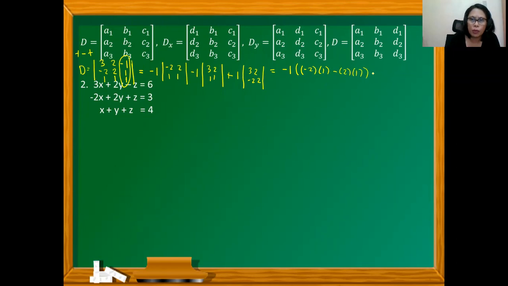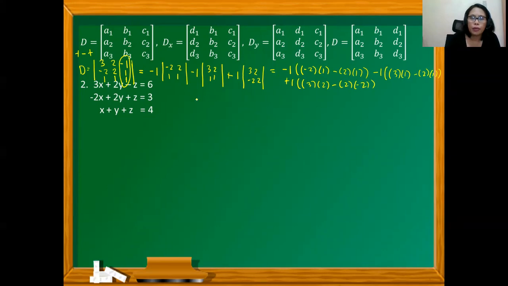And then minus 1 quantity, the product of 3 and 1 minus the product of 2 and 1. And then the third term plus 1 times, 3 times 2 minus the product of 2 and negative 2.